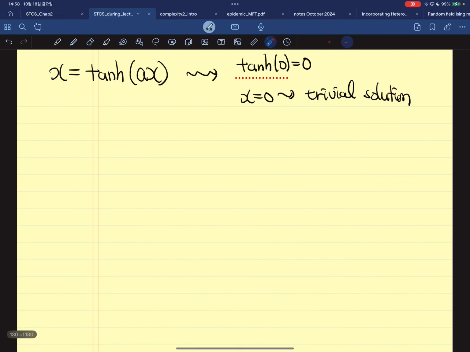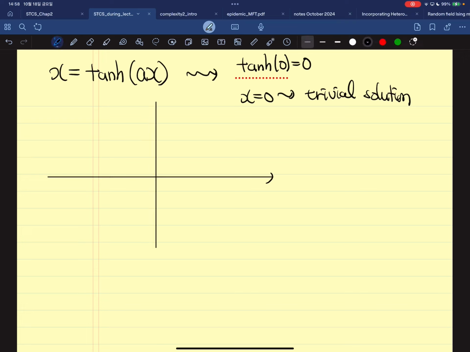And the most important point here is that, of course, we know the functional form of y is equal to x, with the slope 1.